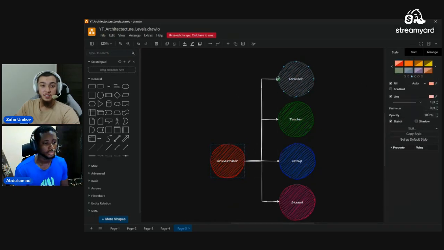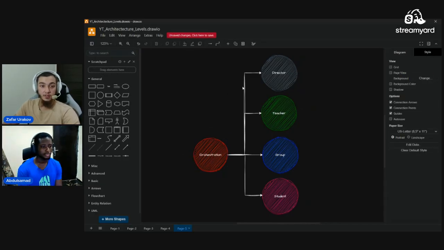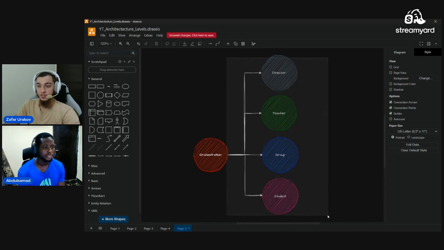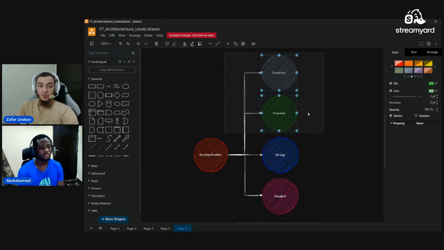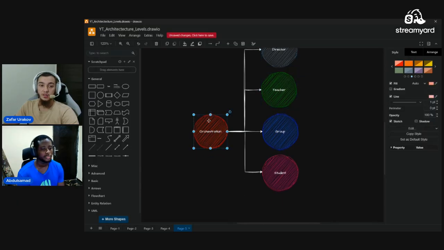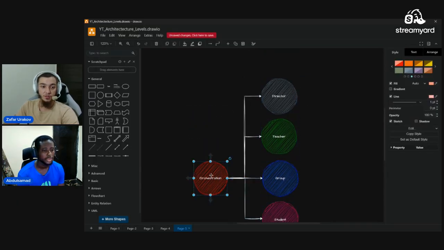You're saying that we cannot have a scenario where an orchestration is talking to four services, four entities, right? So in this case, your suggestion is basically to create an orchestration for the director and teacher, and then one more orchestration for the group and students. Let me do that quickly.